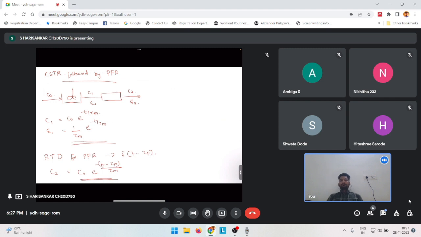Because your residence time will get affected by the PFR, and consequently your residence time distribution E2, which is the final residence time distribution for this CSTR followed by PFR case, will be 1 by tau m e raised to minus T minus tau P by tau m.